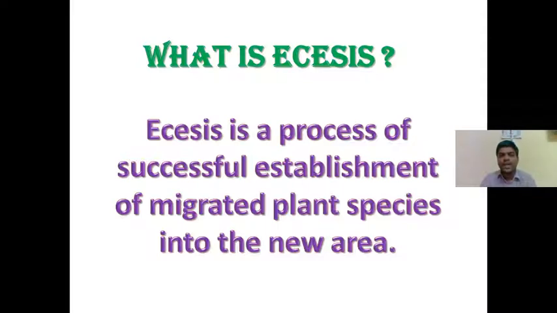If the seed has the ability to germinate, then the seed can germinate and growth and development will continue. So this process is called Ecesis, a process of successful establishment of migrated plant species into the new area.